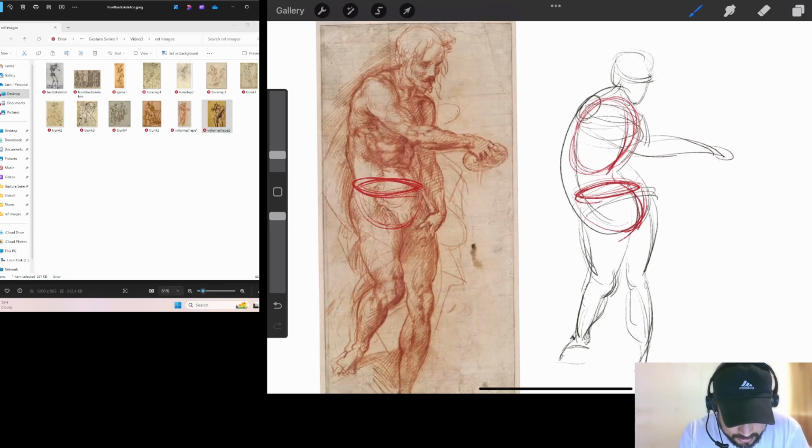In between the top egg and the bottom half egg there, I'll put the belly button, which is around here on the figure there, I think it's Pontormo, maybe. Okay, so pit of the neck, down to the sternum, the end of the sternum.